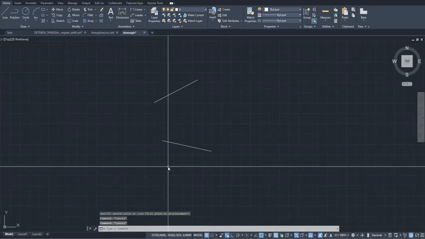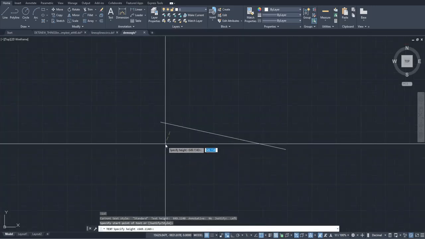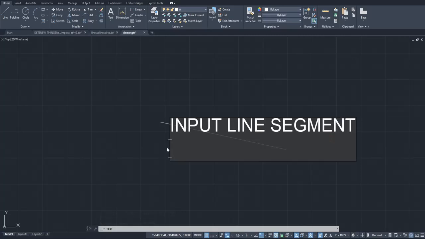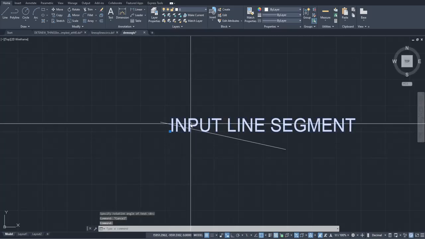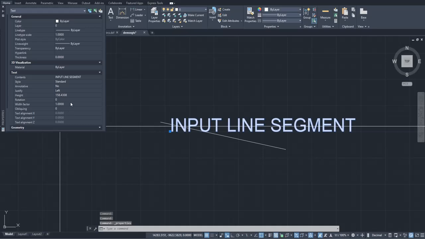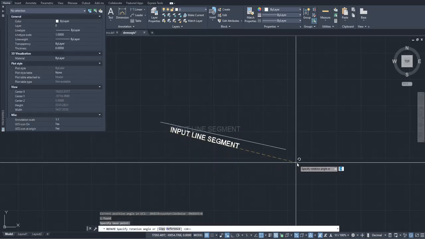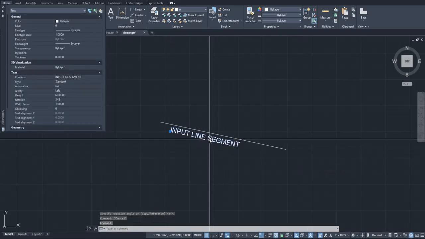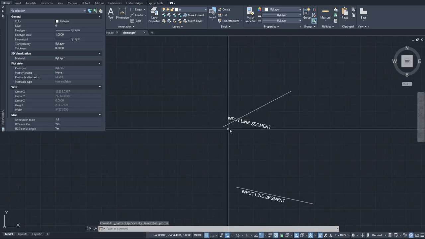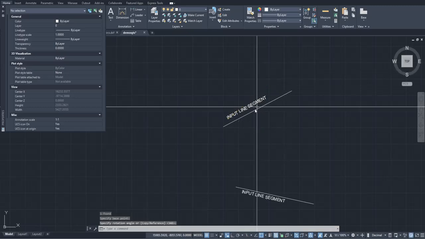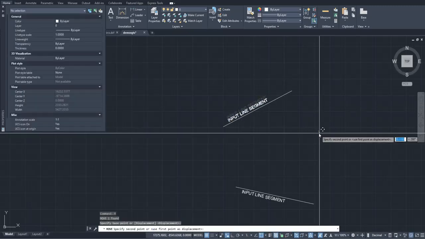Suppose I should write here which one is the input line segment and the output line segment, so that you can understand the concept clearly. We can think of this as the output line segment here, and this one is also kept aligned here with this, so that we can describe the things properly.